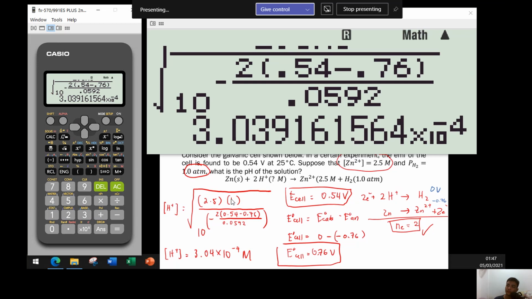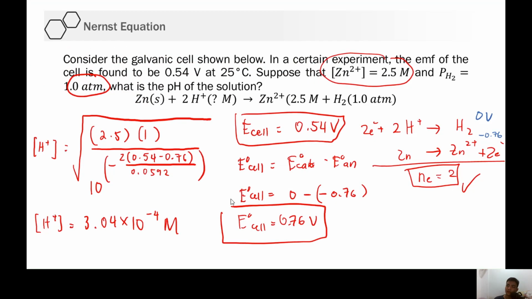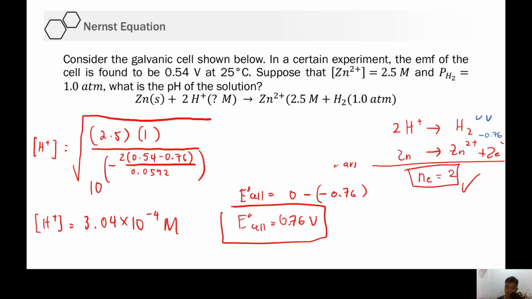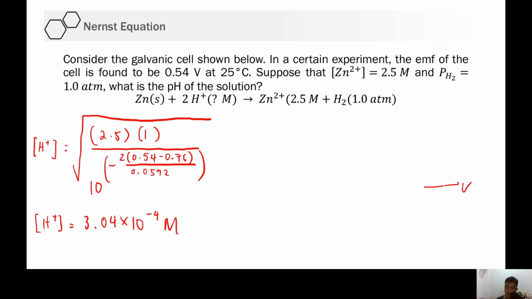If you want to watch how I typed it in the calculator, just play back a few seconds ago. Anyway, we got the concentration of H plus equal to 3.04 times 10 raised to negative 4 molar. To get the pH of the solution, all we have to do is get the negative log of that.